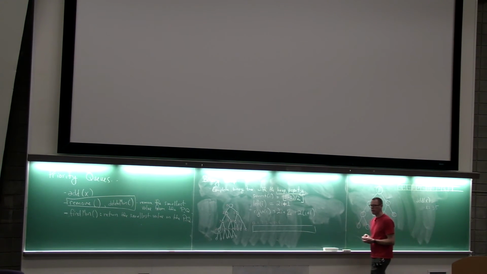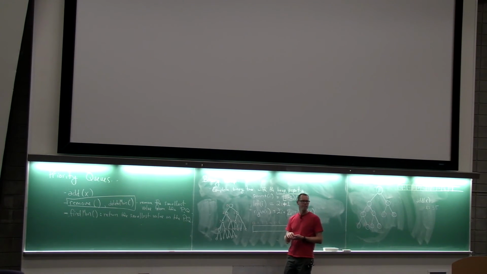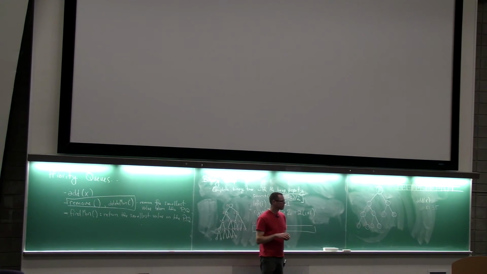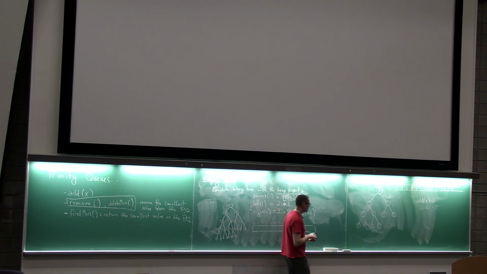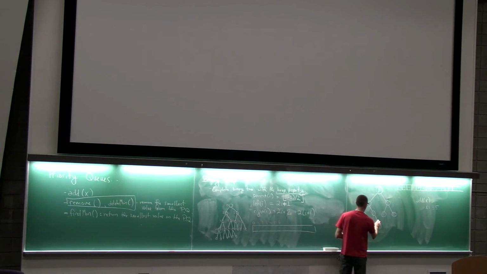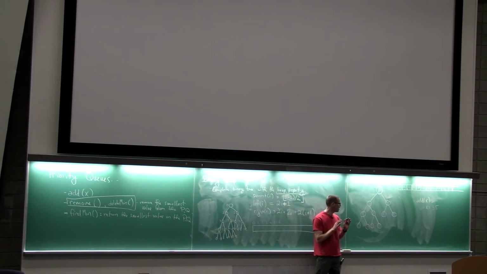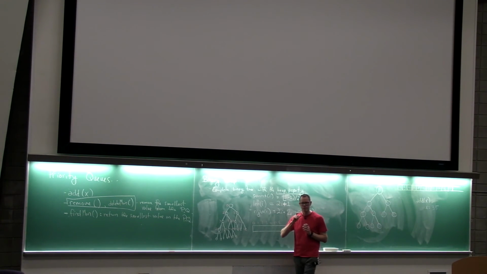Now, is that a heap? No? What's wrong with it? Yeah. So 3.5 is smaller than the priority of the parent, which is 7. So what do we do? So that's the only problem with the heap, right? That's the only place where the priorities are mixed up.